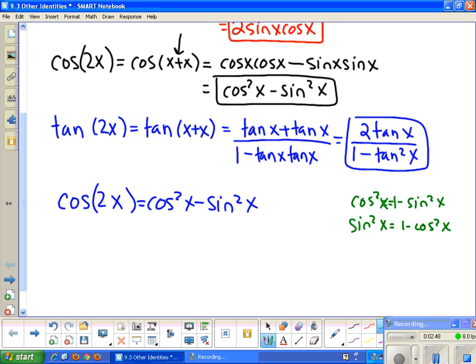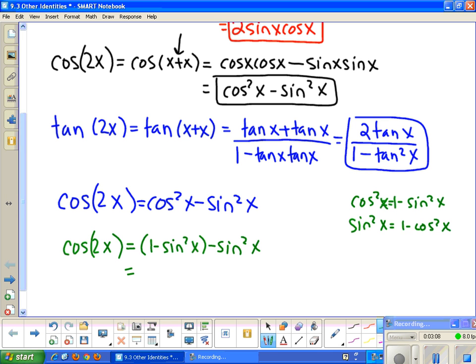We learned that before. So if I take those values and replace them into this formula, I have two more forms for my cosine double angle formula. So one of them would be if I replace cosine squared with sine squared. So this would be 1 minus sine squared x minus sine squared x.